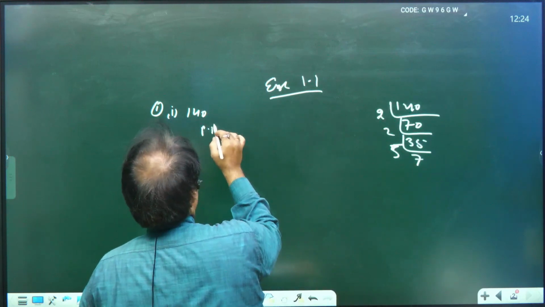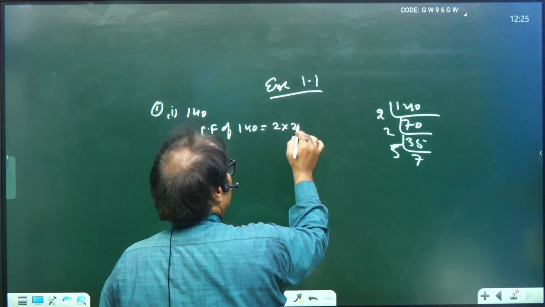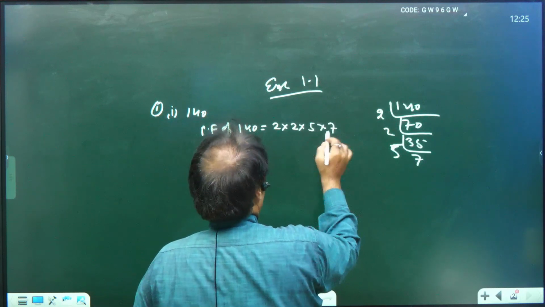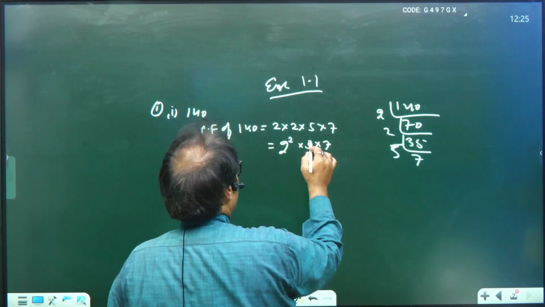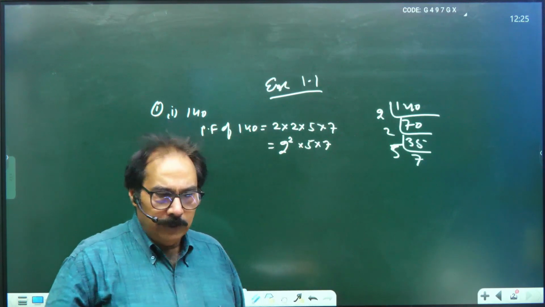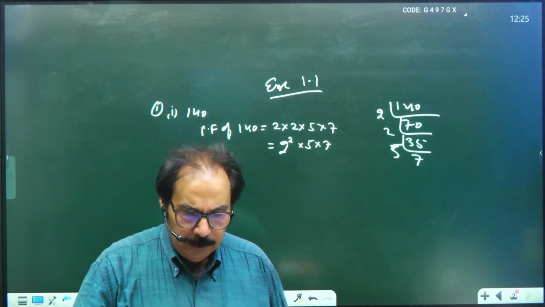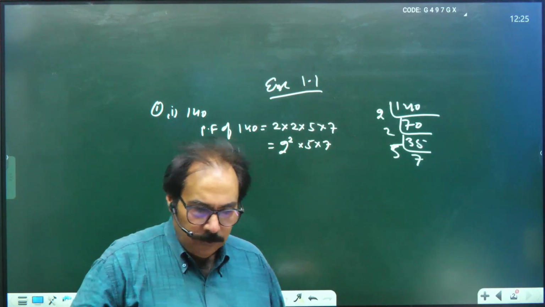So the prime factors of 140 are 2 into 2 into 5 into 7, which we may write as 2 to the power 2 into 5 into 7. In this way we will find the prime factors. The rest of the questions we will do similarly.